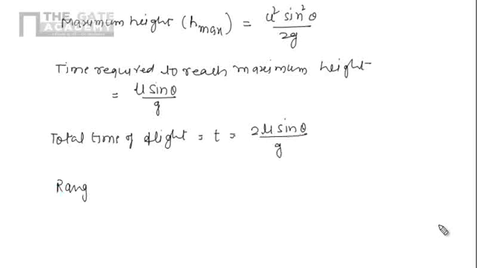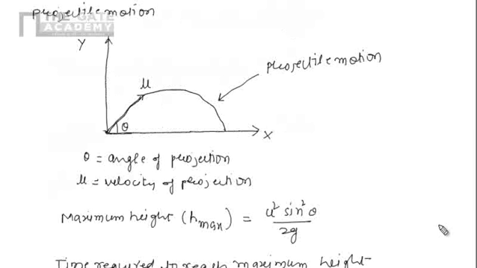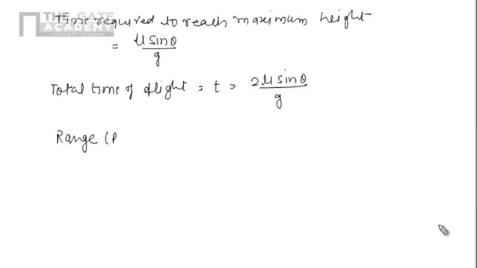Range is nothing but horizontal distance traveled. Suppose I am at point O and now the body is at point A. So this O to A horizontal distance is called range. The formula for range is u square sine 2 theta by g. And for maximum range, what will be the value of theta?